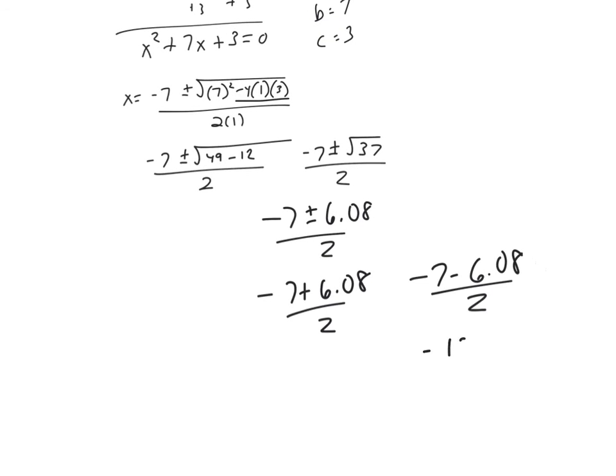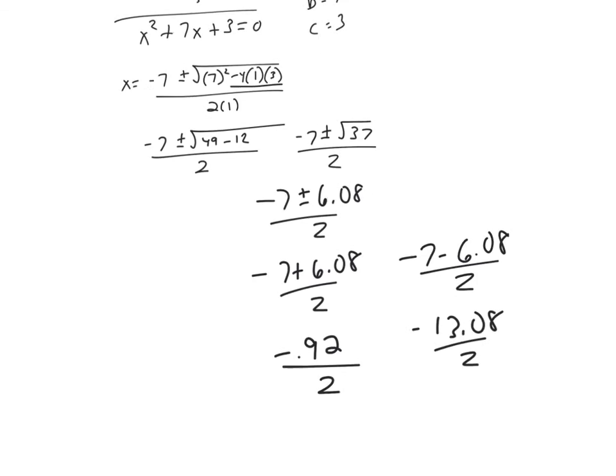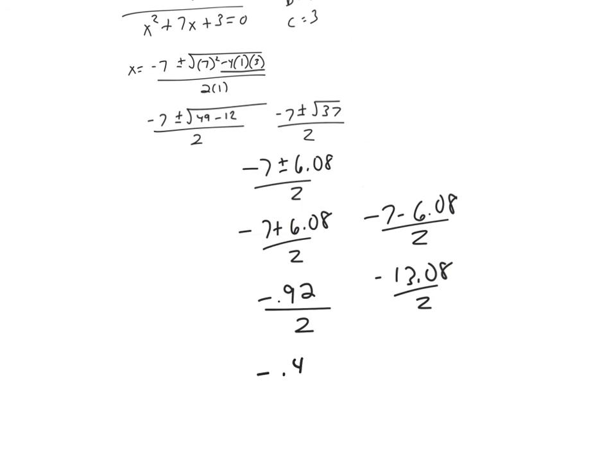So this one's going to be negative 0.92, and this one here is going to be negative 13.08 divided by 2. So if I divide negative 0.92 by 2, I get negative 0.46. And 13.08 divided by 2 is 6.54, so negative 6.54.